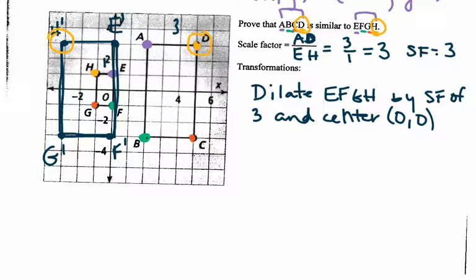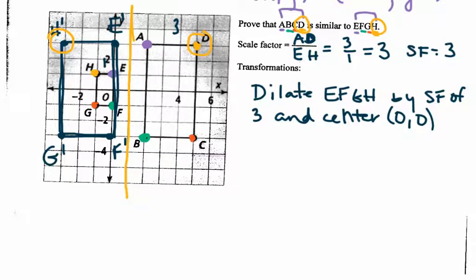So I'm going to count how many spaces there are from H prime to D. There is 1, 2, 3, 4, 5, 6, 7, 8 spaces, which means halfway between them would be 4 spaces. 1, 2, 3, 4. So that means my line of reflection is 4 spaces away from H prime. So I'm going to mark that here. My line of reflection is right there.